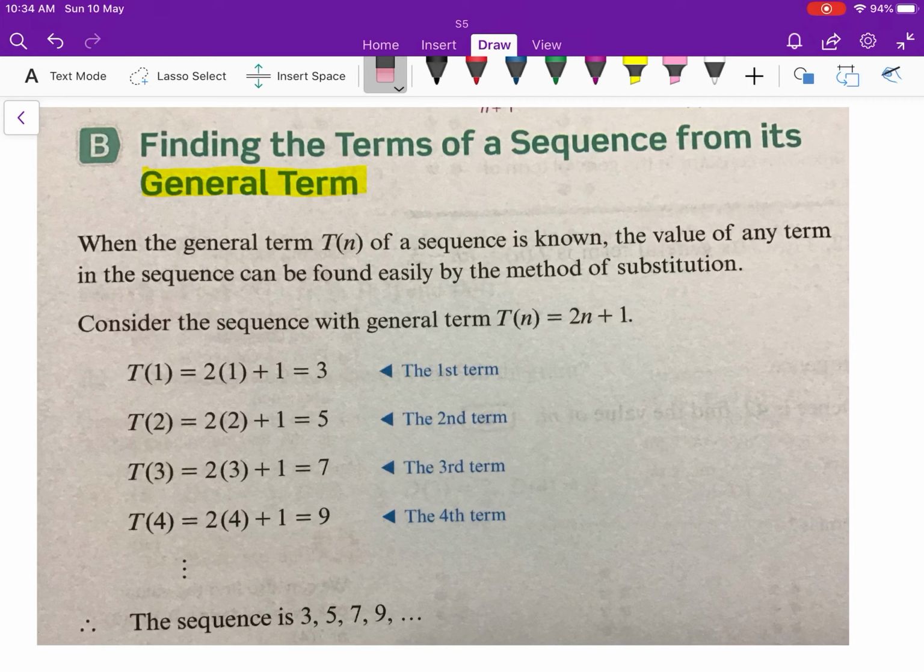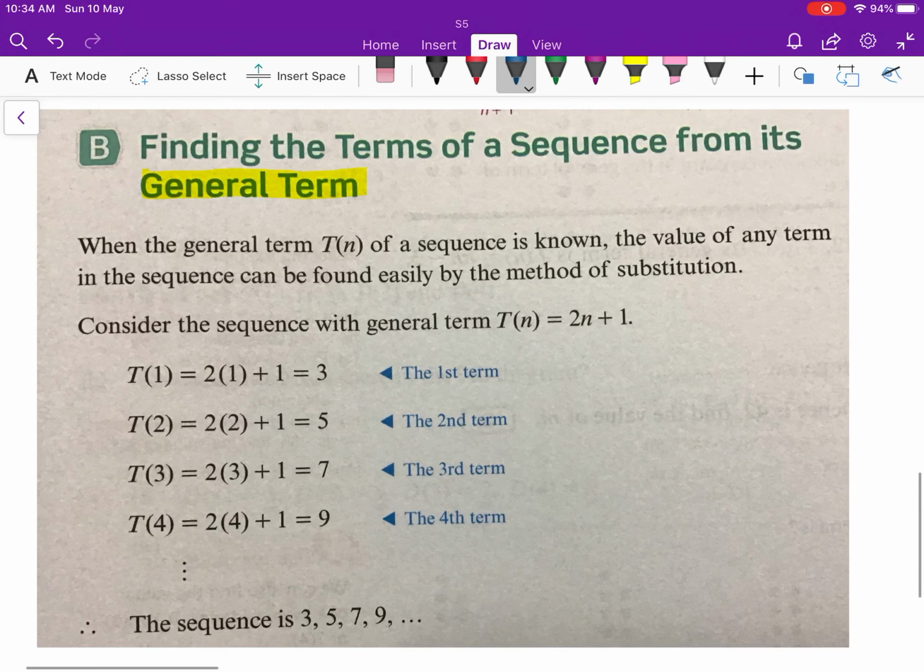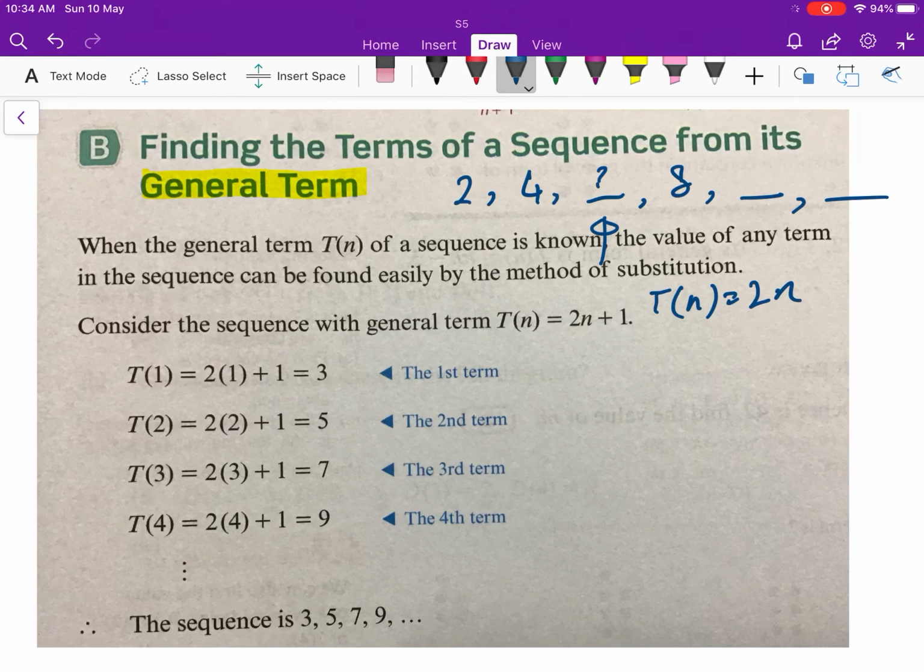What does it mean? For example, if I give you 2, 4, an unknown term, and then 8, what is the term in the middle? If I tell you the general term is 2n, how can you find it? First, you need to know that it is in position 3, the third one.